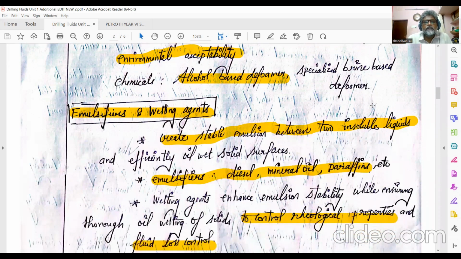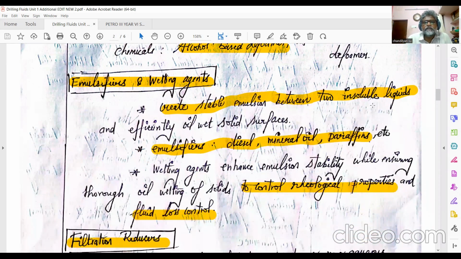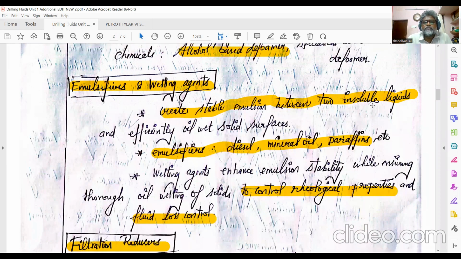Alcohol-based defoamers. Emulsifiers and wetting agents: the chemicals which are added to increase the emulsion nature of the drilling fluid. Emulsions, we know what? Oil in water, water in oil is also called emulsion. To create a stable emulsion between two insoluble liquids, emulsifiers which are added are diesel, mineral oil, and paraffins.